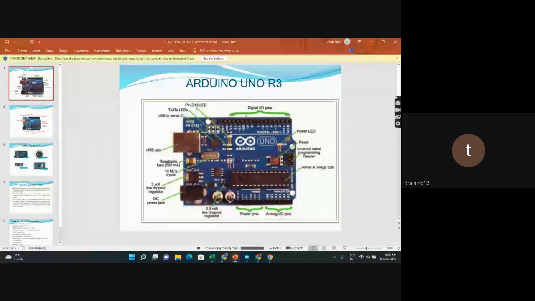Here the term duty cycle comes. The duty cycle describes the proportion of on time to the regular interval or period of time, and a low duty cycle corresponds to low power.